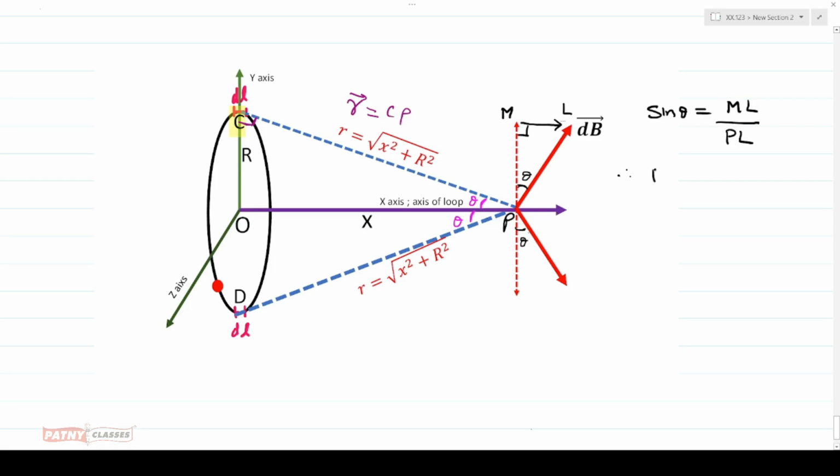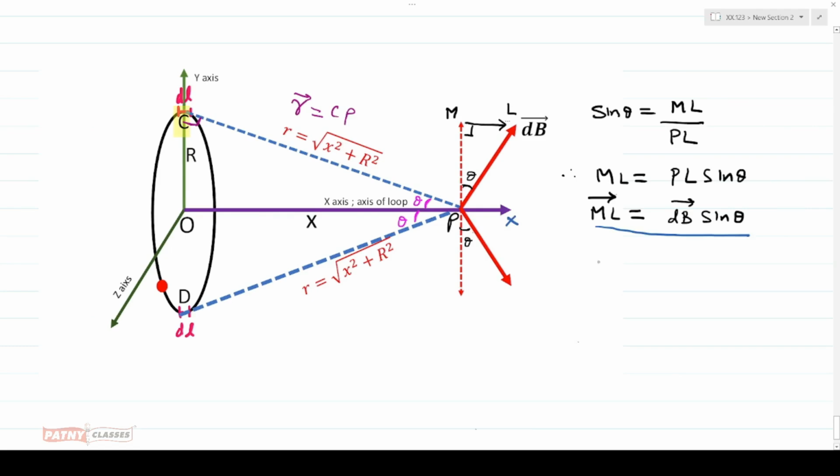Therefore, ML equals PL sin theta. PL is nothing but dB, so ML equals dB sin theta. ML is also a vector quantity. This gives the horizontal component of magnetic field due to the current element dl.